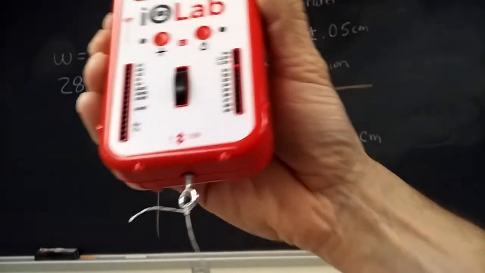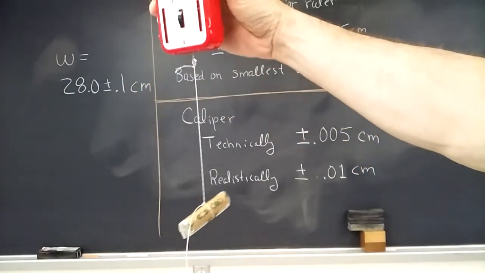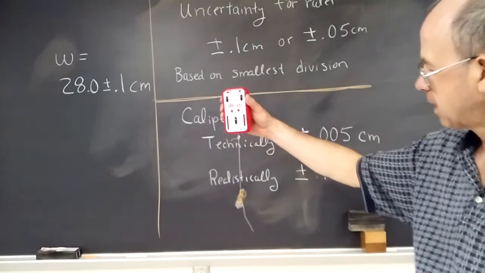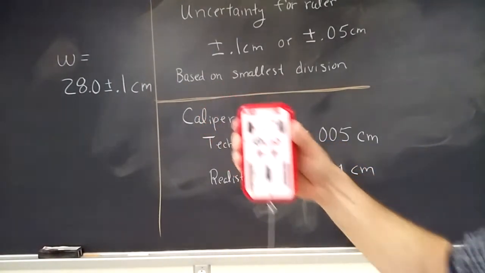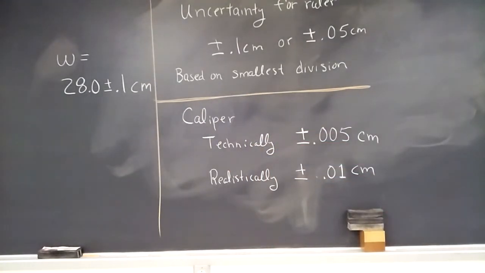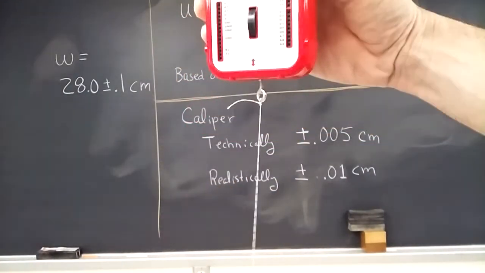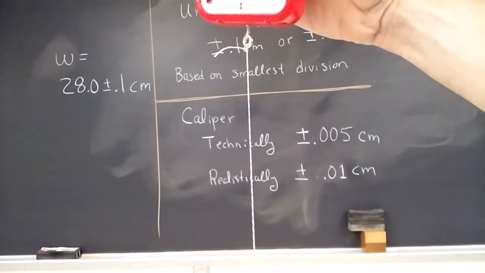You screw that in, and then you can hang the roll of coins from the iOLab. With the software, you can set it up so it'll tell you how much force is being applied to the iOLab, and that'll be the weight of the dimes. So that's how we can get it.